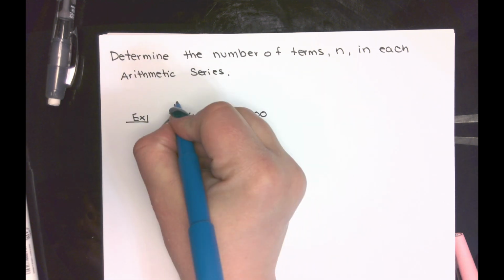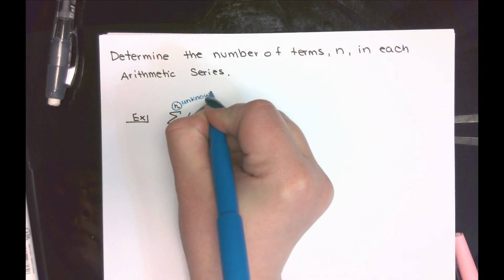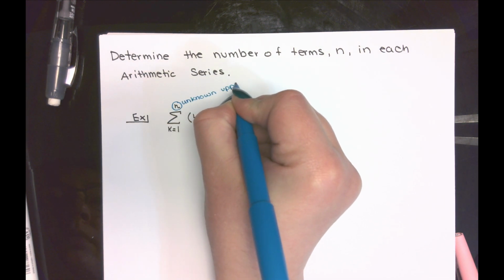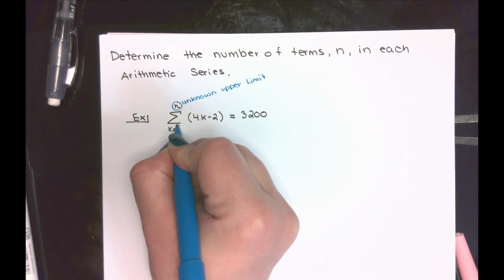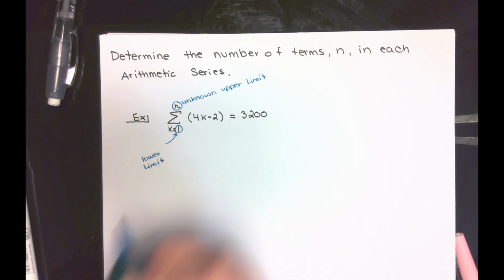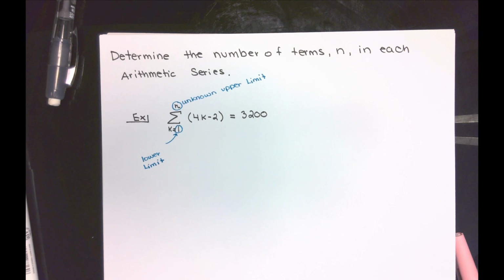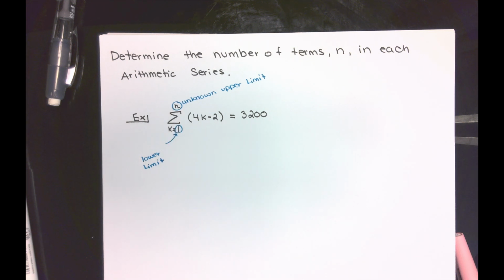The upper limit is now unknown. The lower limit is now going to be 1. So your total number of terms is your upper minus your lower plus 1. So when you have a lower limit of 1, this n ends up being your total number of terms just because of the formula.